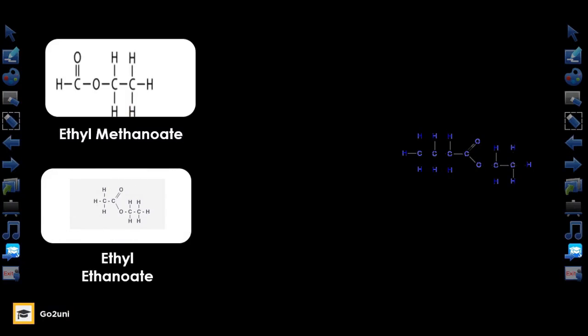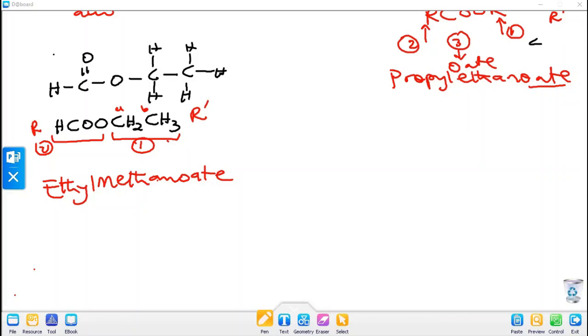The next example is ethyl ethanoate. Ethyl ethanoate. So how is this compound ethyl ethanoate? Let us take a look at that. First and foremost, let us draw the structure of ethyl ethanoate.